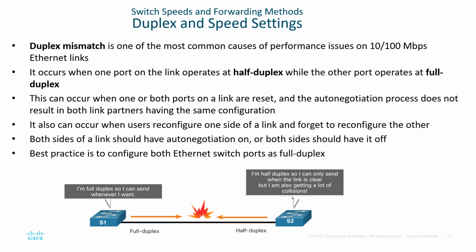So you would actually have to go in and tell the switch port that was capable of full duplex that, hey, I know you're capable of this, but I need you to run this way, because you have to talk to this piece of equipment that is plugged into you that can only run at 10 megabits. Okay, so you would have to go in there and configure that yourself, or you would end up with a duplex mismatch and nothing would happen between those two ports. So best practice is to configure both Ethernet switch ports as full duplex where applicable or appropriate.